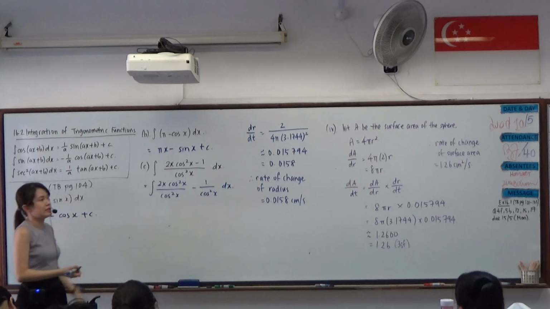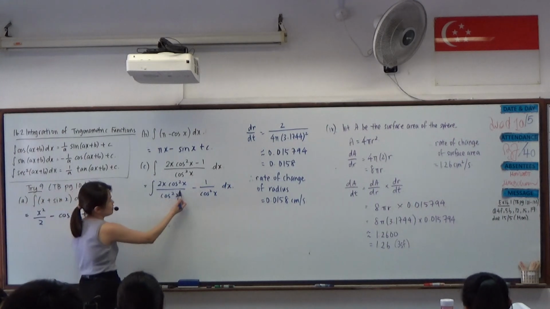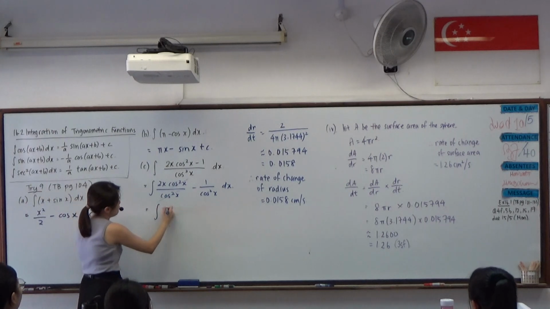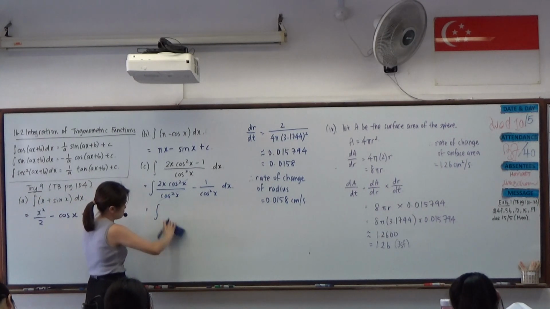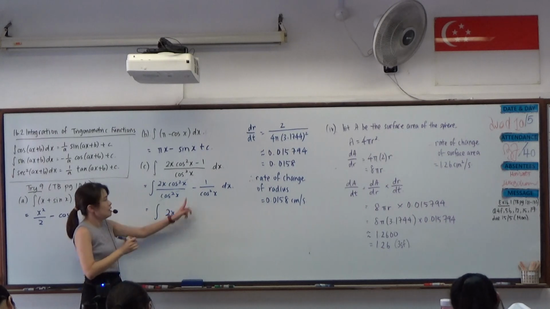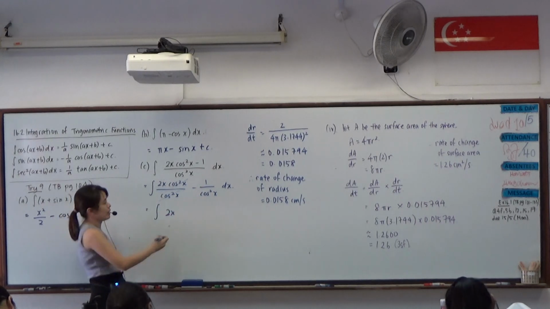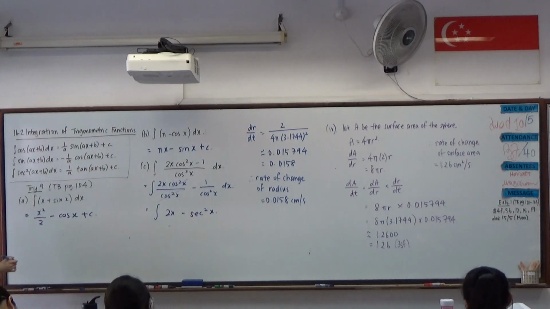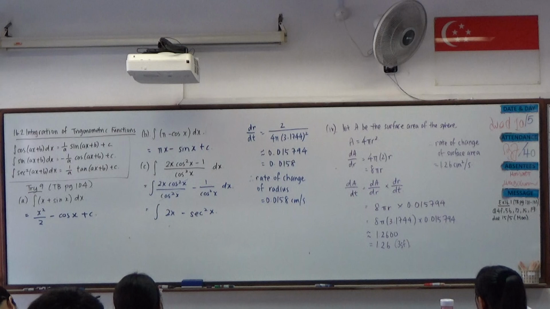Strictly speaking, we do it this way so that we can cancel away the cosine square x. Then we will have integration of 2x minus 1 over cosine square, which is actually secant square x. I hope you remember that secant refers to 1 over cosine.